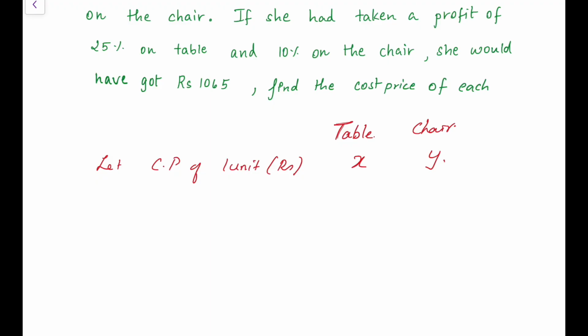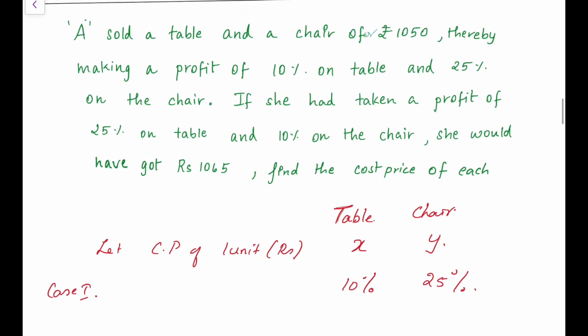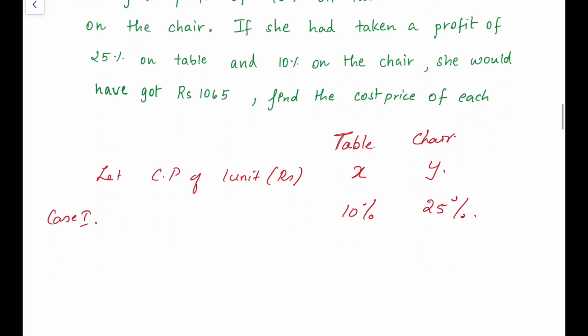Now the profit in the first case, case 1: she is making a profit of 10% on the table and 25% on the chair. And the total selling price is 1050. So you know that selling price is equal to cost price plus profit.